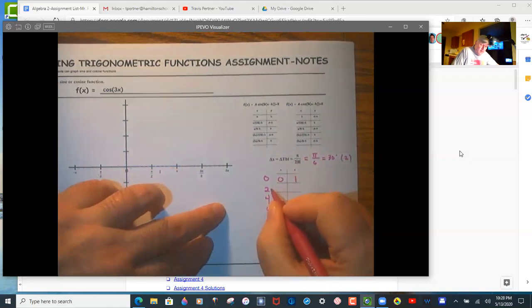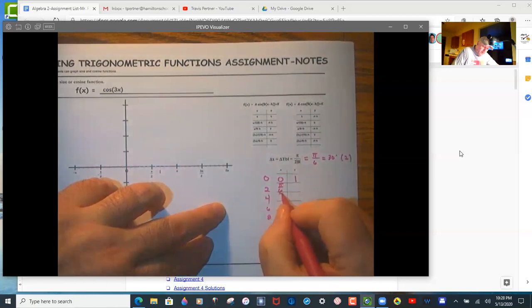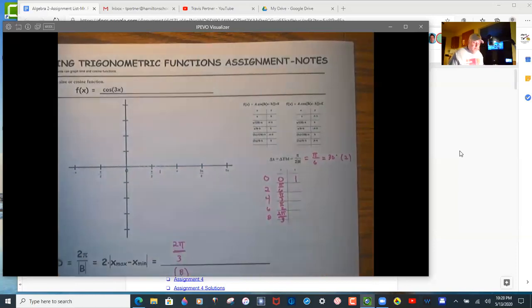So this is like saying 2 pi over 12, 4 pi over 12. So 2 pi over 12 is pi over 6. 4 pi over 12 is pi over 3. You do have to reduce. 6 pi over 12 is pi over 2. 8 pi over 12 is 2 pi over 3. So just reduce 8/12. That's the idea there.